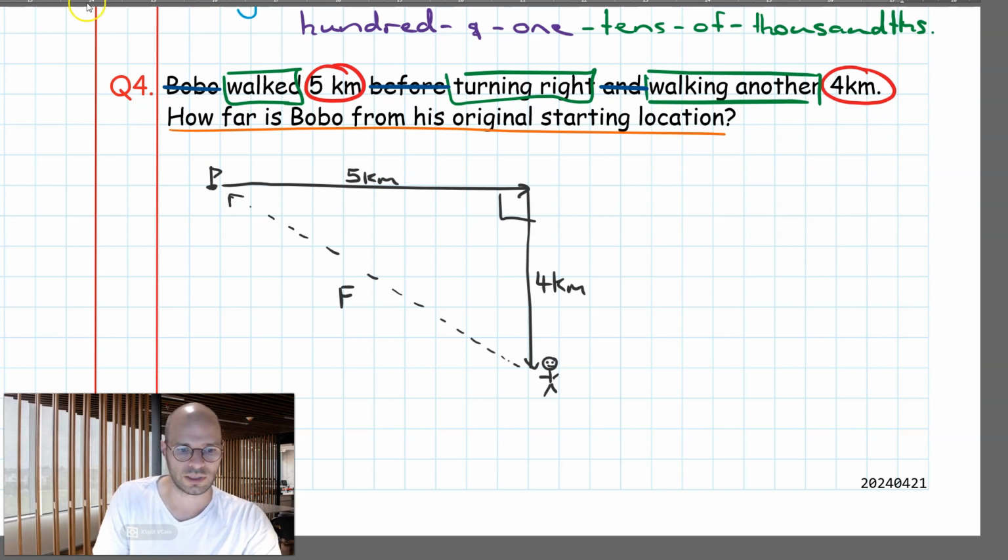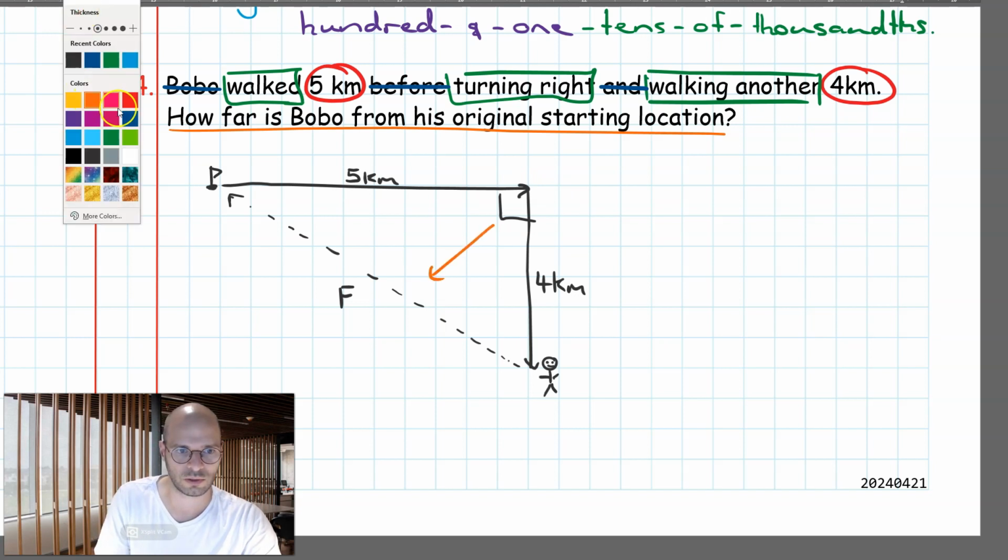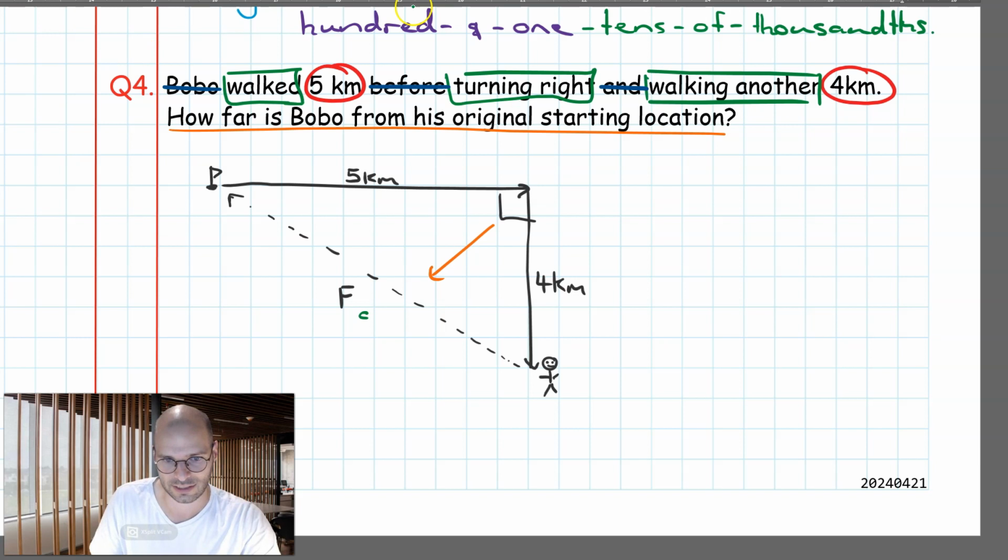Okay, we now have a triangle, so we're dealing with Pythagoras' theorem. When we see this, we always identify the right angle, which is here. So I draw an arrow out, and this will tell me which side I should call C. In this case, it's the side with the length F. Next one, so we're going to go A and B, remembering that A and B do not matter.